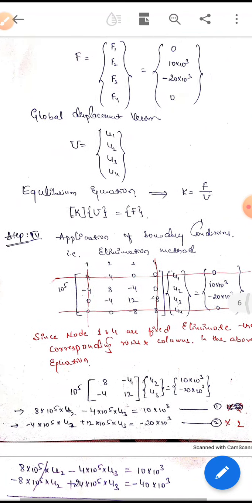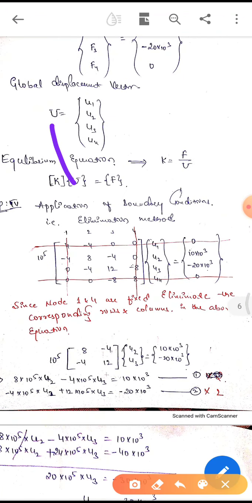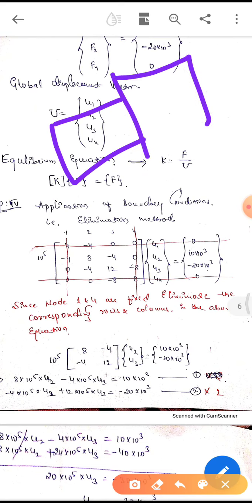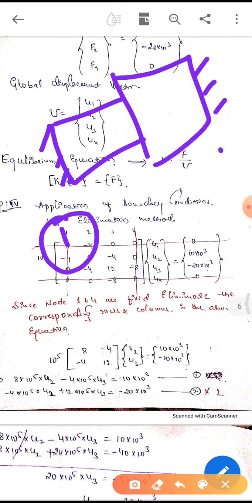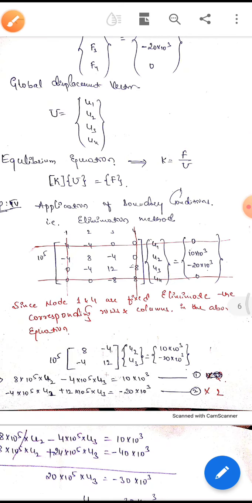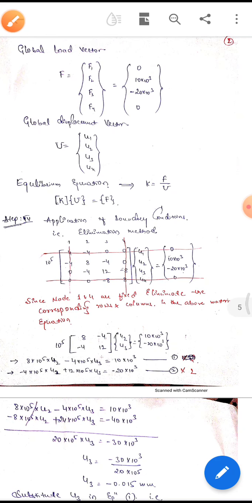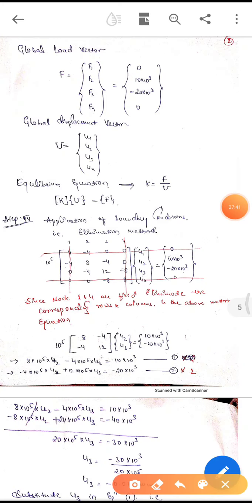Whenever we have a stepped bar like this, fixed at both ends, so at node 1 it is fixed and at node 4 it is fixed, the elimination method of handling boundary condition tells us that wherever there is a fixed boundary condition, we need to eliminate the corresponding rows and columns of the equilibrium equation.